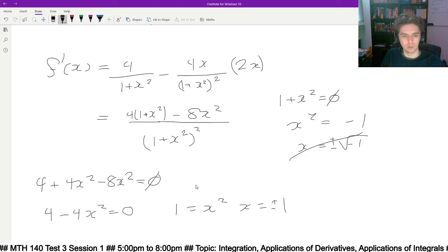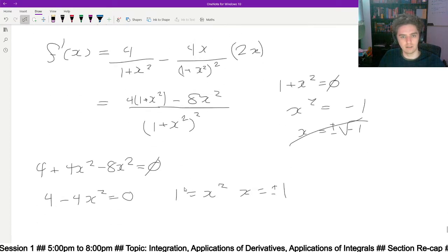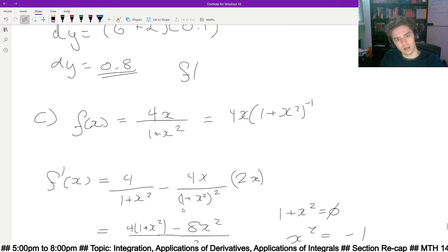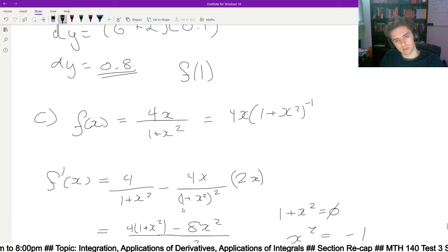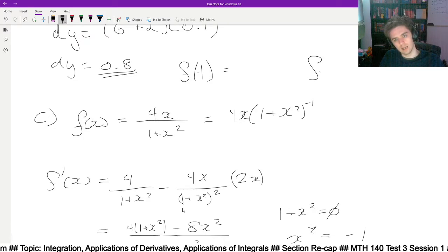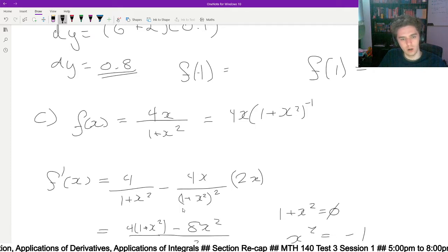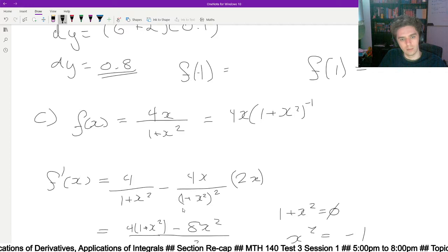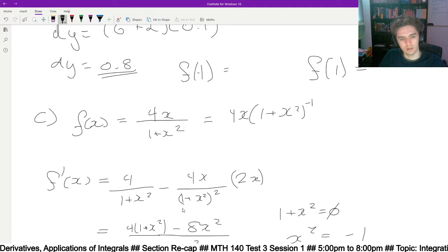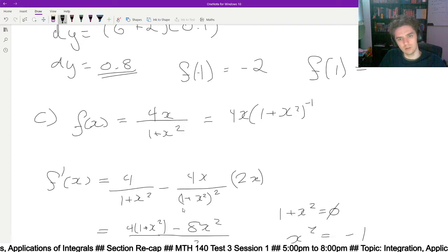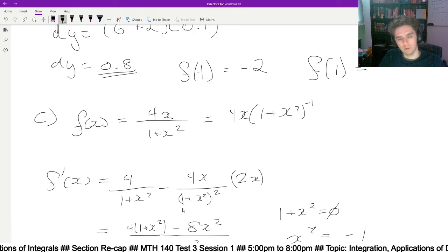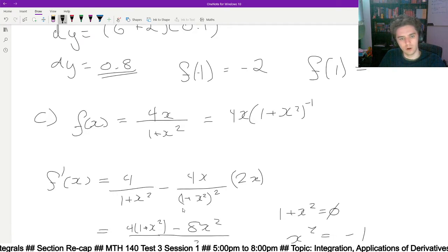And there are no bounds, so we just have to check plus and minus 1. So we're going to evaluate the function itself at plus and minus 1. f of negative 1 is negative 4 over 2, so negative 2. And f of 1 is 4 over 2, so 2.